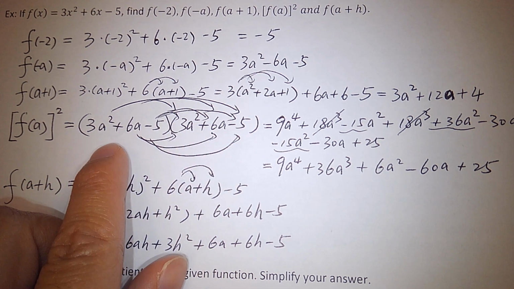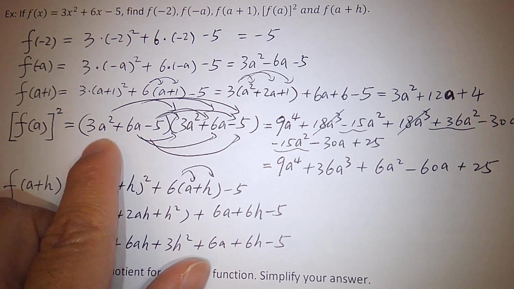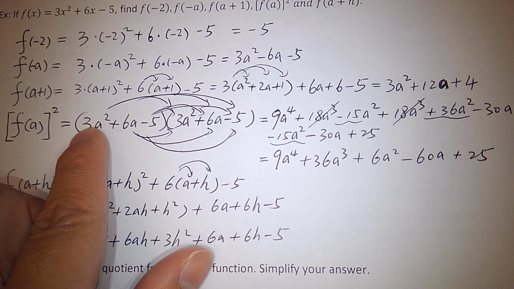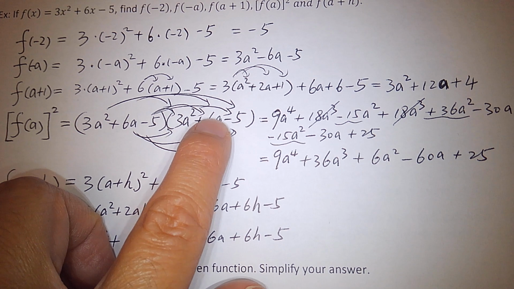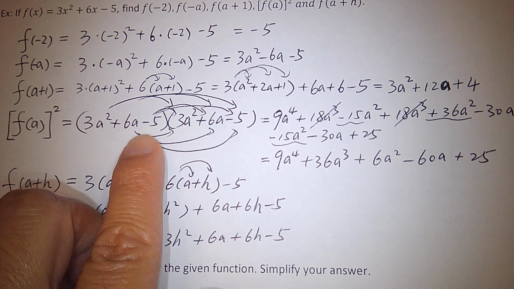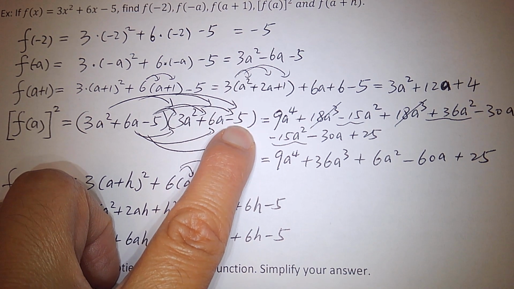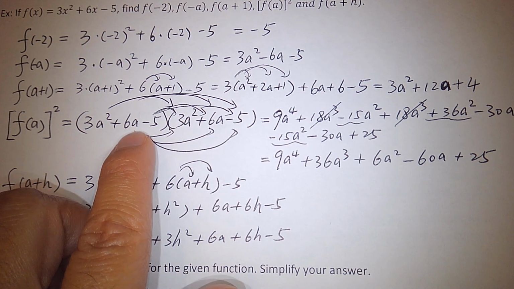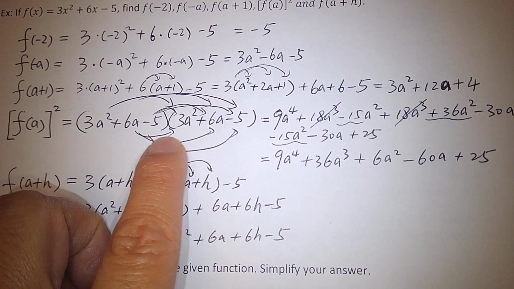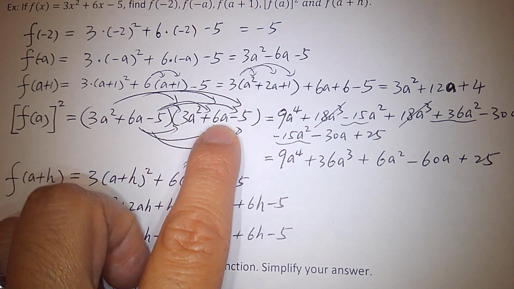So we use the idea of FOIL: 3a squared times each term from the second parenthesis, and then 6a times each term from the second parenthesis, and then we distribute negative 5 to each term of the second parenthesis.